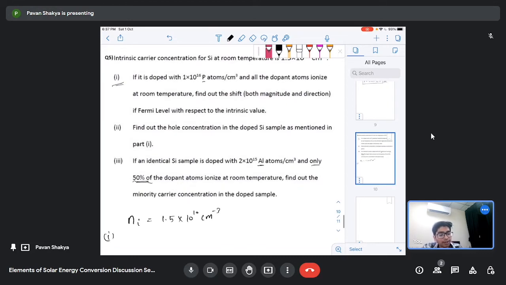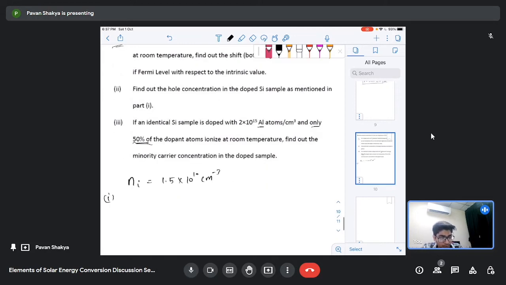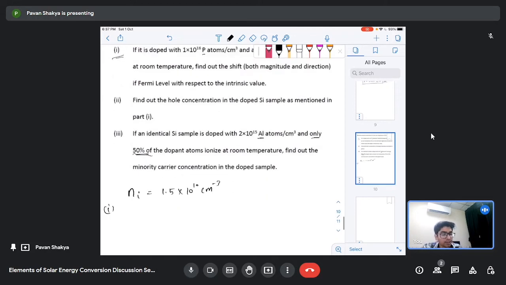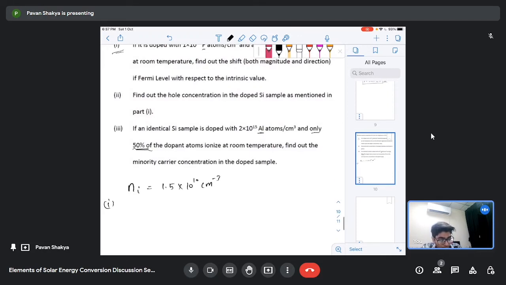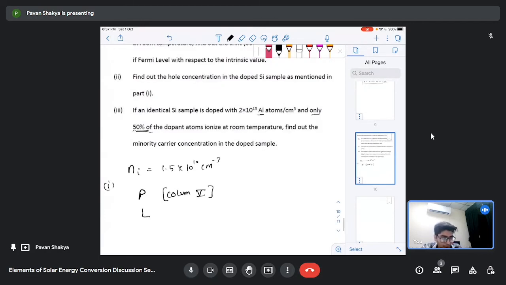In the first part, it is doped by the phosphorus atom. As I have discussed in the first problem, if we dope with phosphorus, which belongs to column 5, then there will be more number of electrons, and it is called an n-type semiconductor.